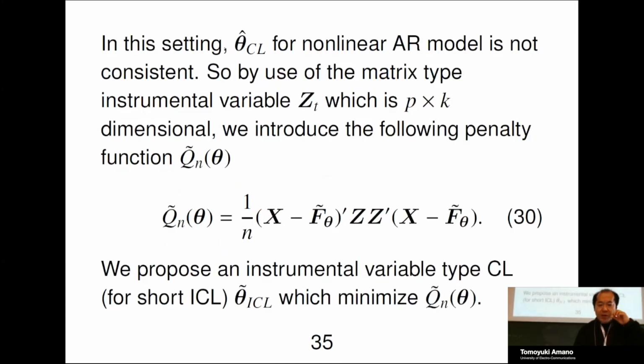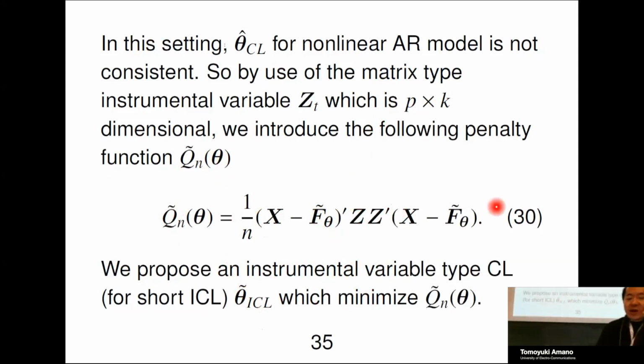So by use of this new penalty function, we propose an instrument variable CL estimator. For short, we call it ICL and we use this notation.